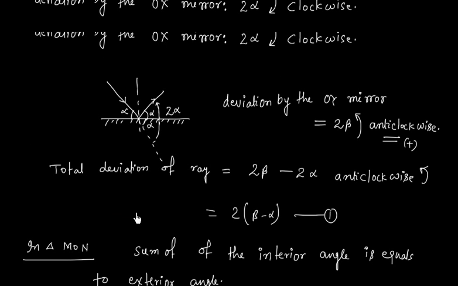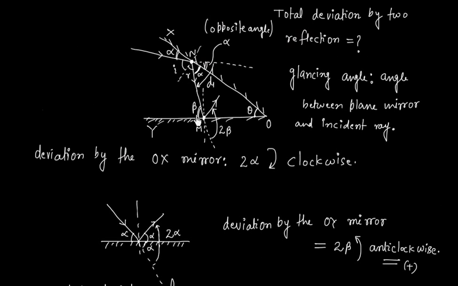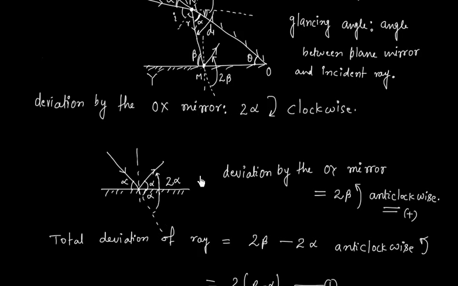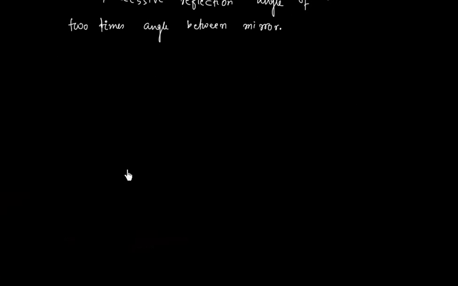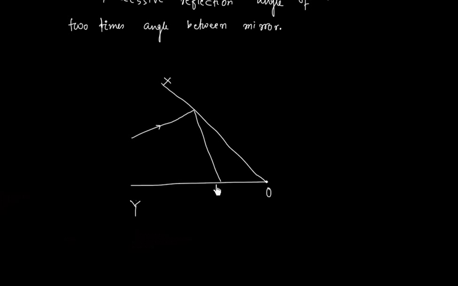This result is also true if the second ray deflects in this direction. So let us say I have the same mirrors, so this is OX, this is OY. This is the incident ray, after the first reflection, and then we have the second reflection.